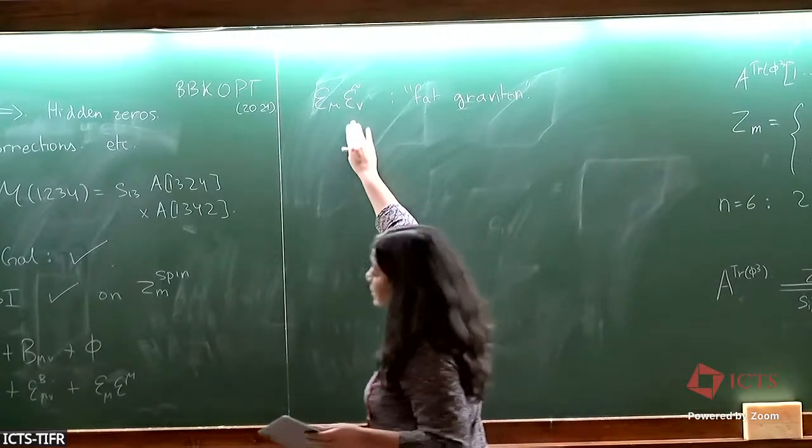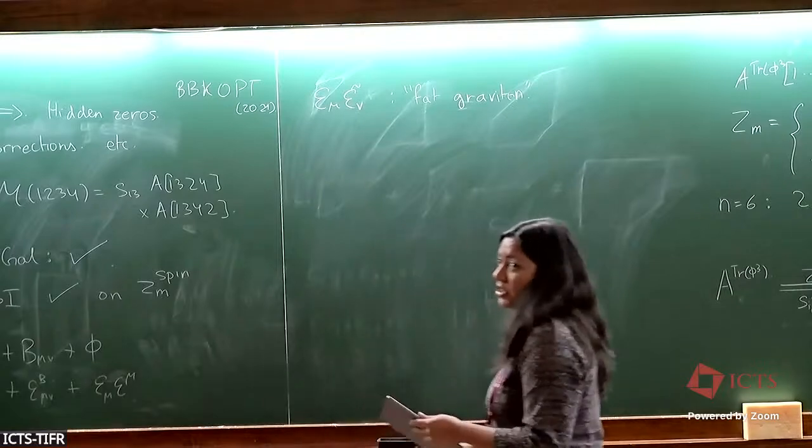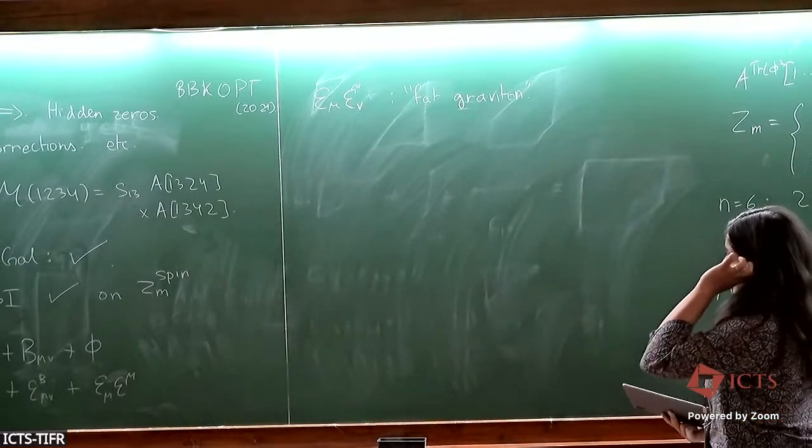So this field contains all of these fields. And unless you subtract out some trace and you symmetrize, you're not going to get the right answer.